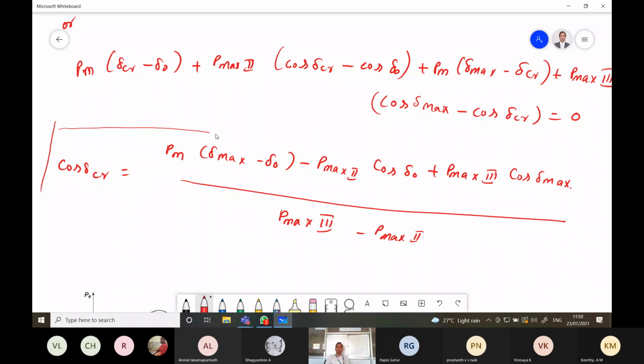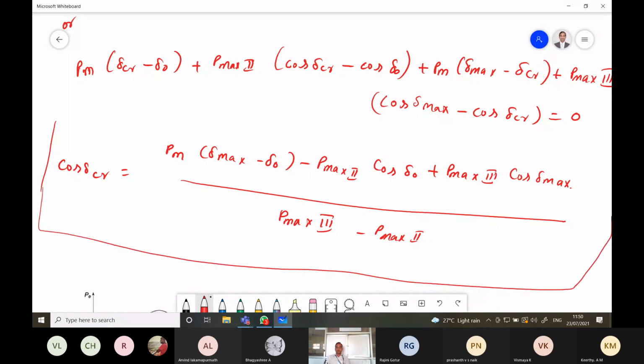This is the expression for cos of delta Cr. This is equation number 2.